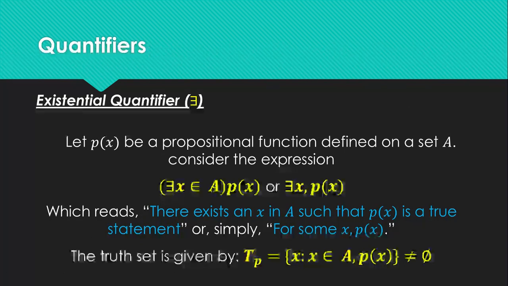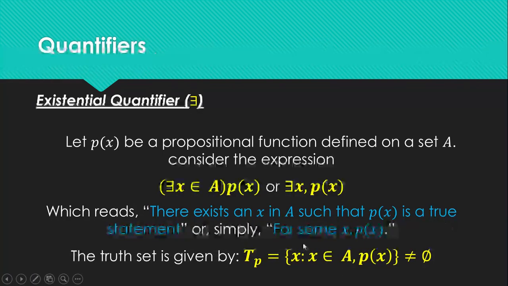There exists an element x of the set A where p of x, the propositional function, is a true statement. Or: there exists an x in A such that p of x is a true statement.